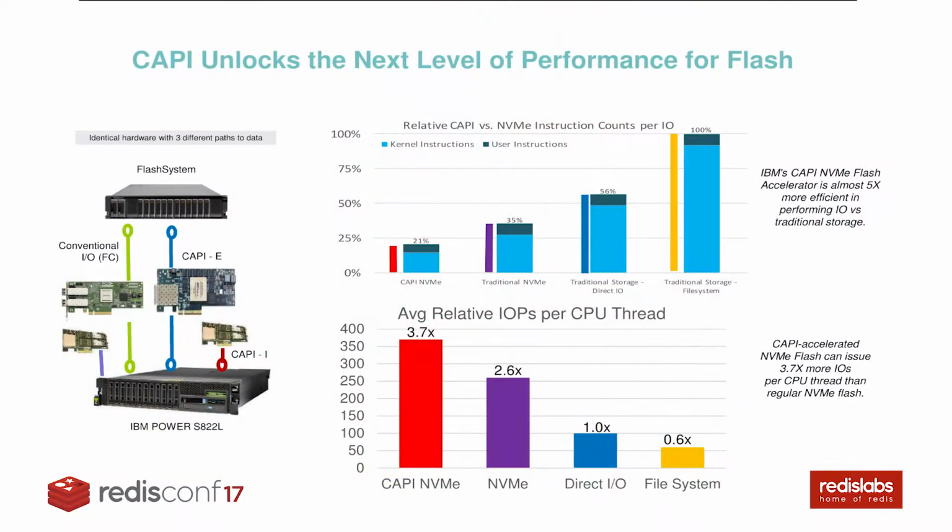So just to give you an example, what I have here is the same exact comparison on the same hardware, doing traditional I/O with the file system, with a block device, direct attach I/O, NVMe, and CAPI.